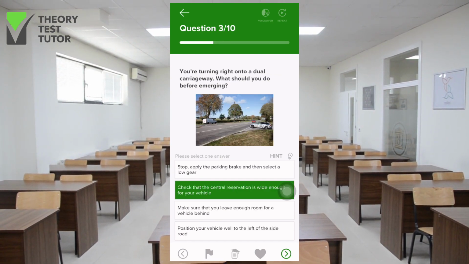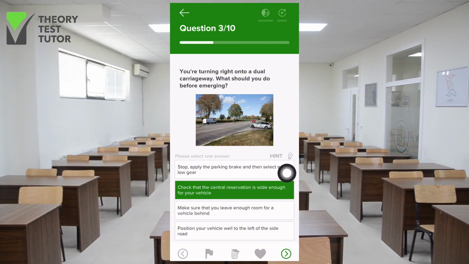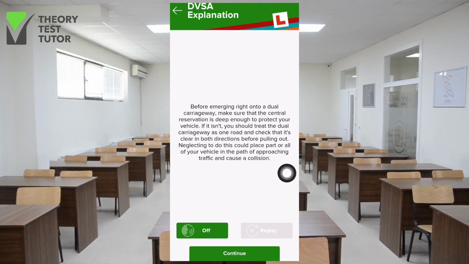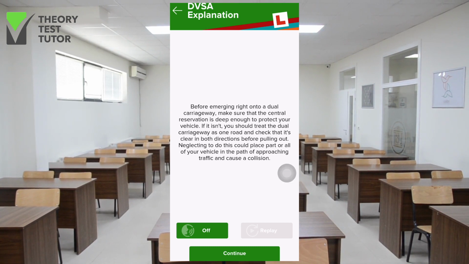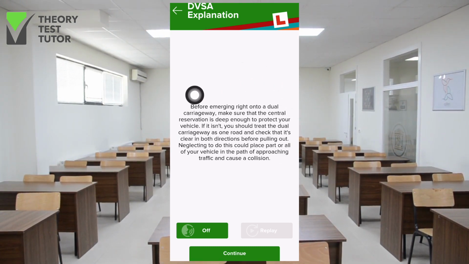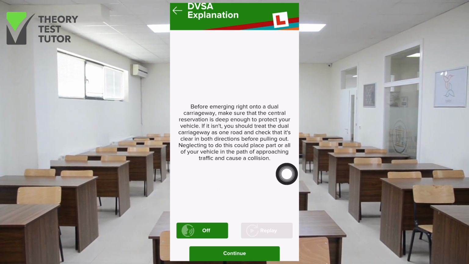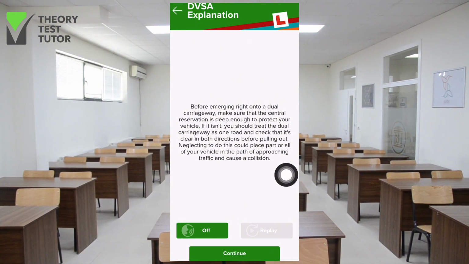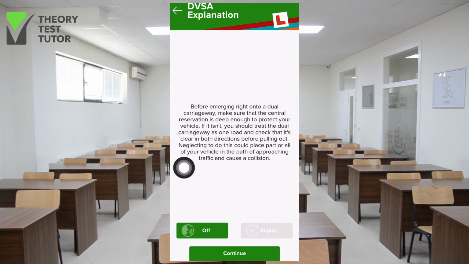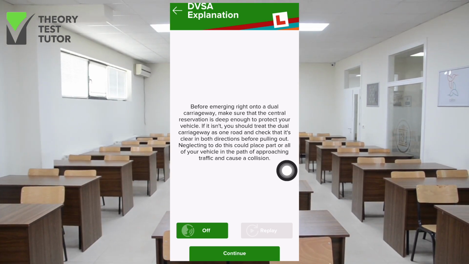Again, if you wanted to go on the hint, get a further explanation, you can do that. Okay. This is the reason I said we don't want to go straight into mock tests, because in the mock test you will not have these options to click on a hint and find out on the spot whether your answer is correct or not, or for you to understand the answer at that exact point when you're studying.